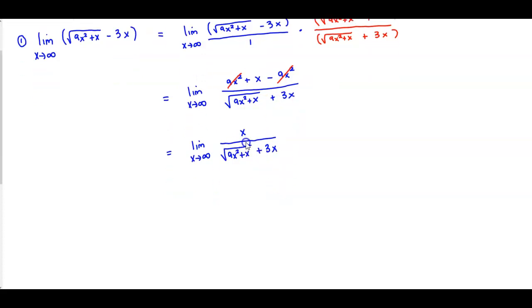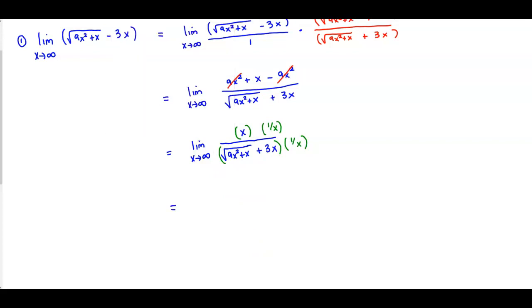Okay, now our next goal is to divide this by x. So we're going to multiply the numerator by 1 over x, and we're going to multiply the denominator also by 1 over x. Let's see what happens when we simplify this.